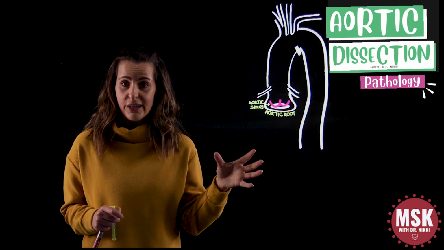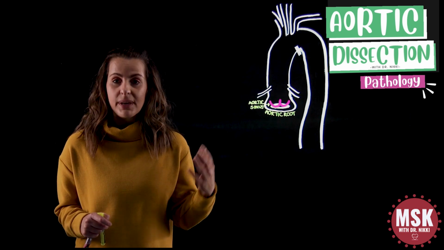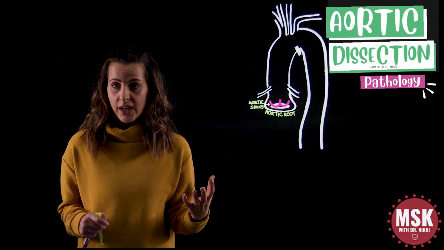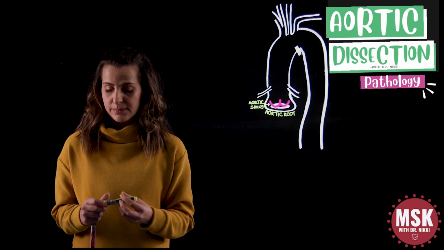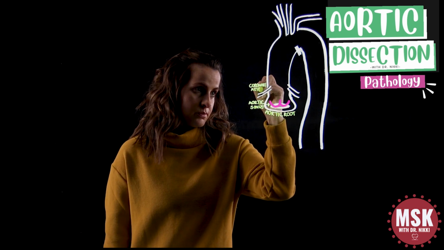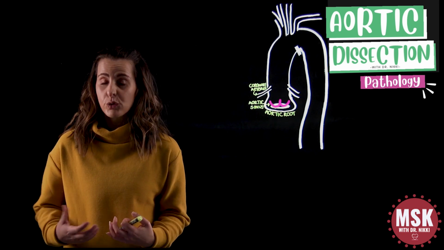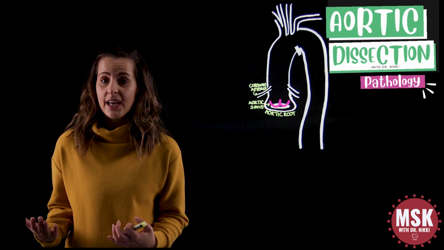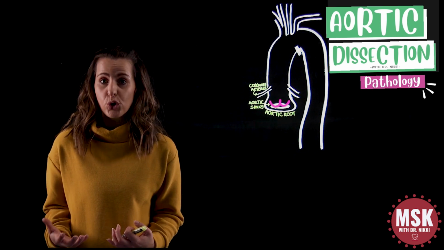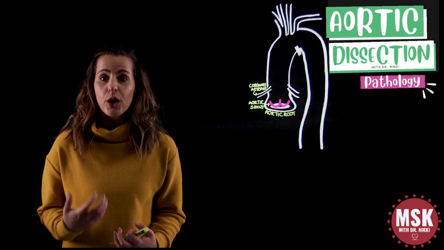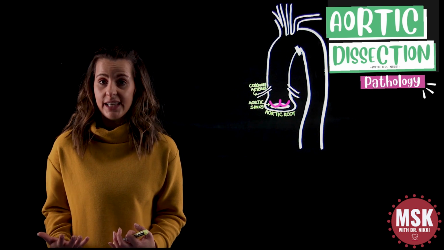It is at this level that it's going to give off its 2 collateral branches, being the left and right coronary arteries, which supply blood to the muscle of the heart. The aorta is going to run vertically, running next to the pulmonary trunk, and is about 5 centimeters or 2 inches in length, and we call this the ascending aorta.